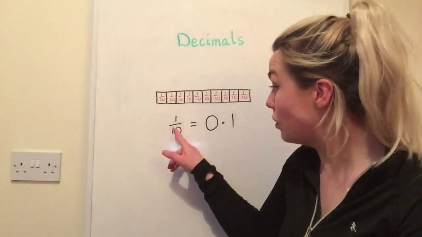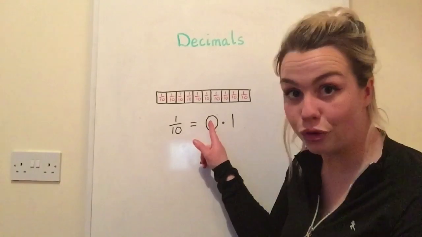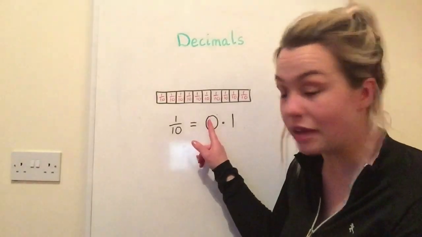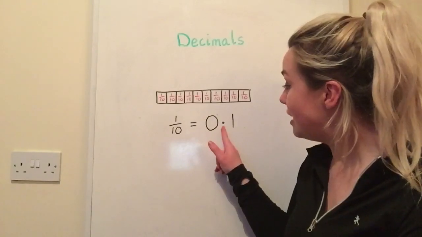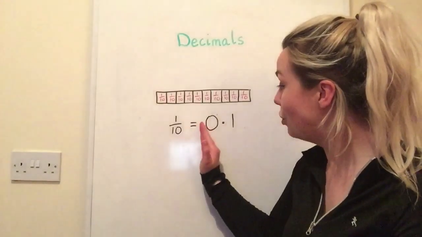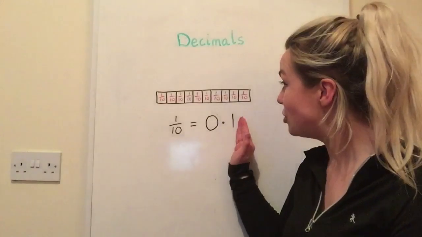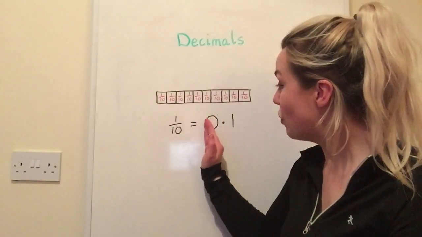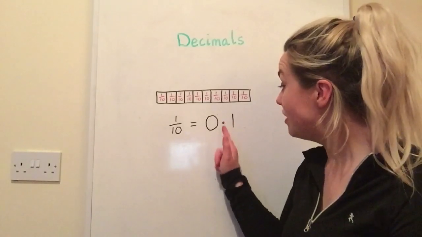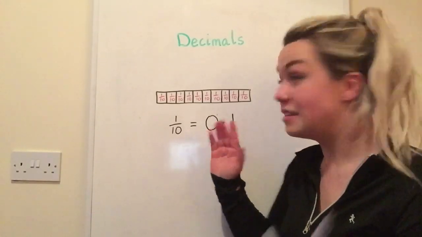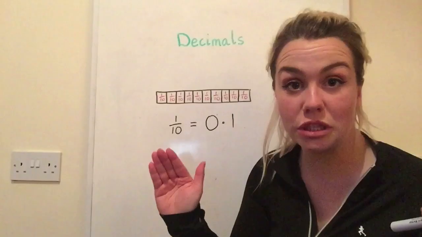So if we're talking about 1/10, we definitely don't have a whole number there. We have a fraction of a number, isn't that right? So it's 0. The decimal point is there to separate the whole numbers from the fraction side. So on this side are the whole numbers, and this side is the fraction side, and all the decimal point does is separate the two. So you know which is which.